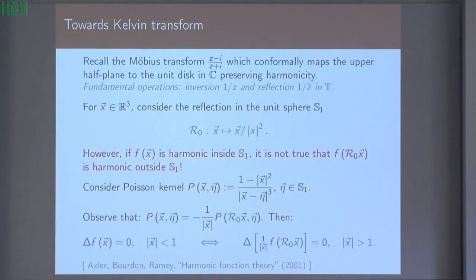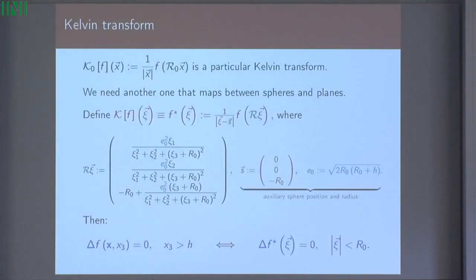And by the way, here I give a good reference, the book on harmonic functions, which I think is very nicely written. So that was a very particular Kelvin transform which maps between the interior and exterior of the sphere that I showed on the previous slide.